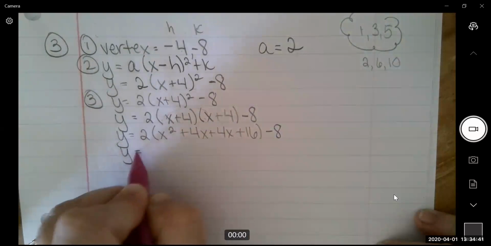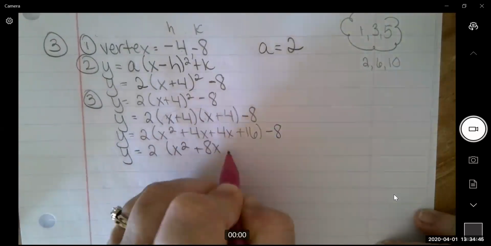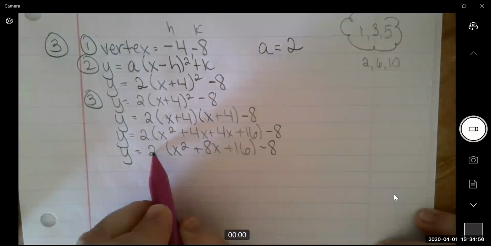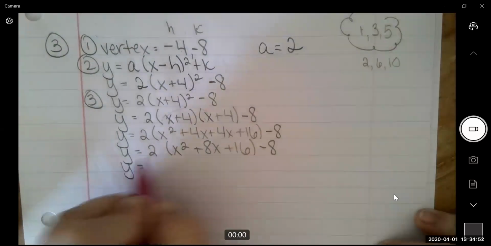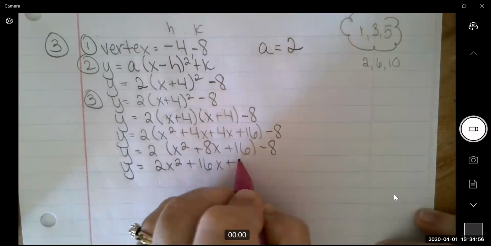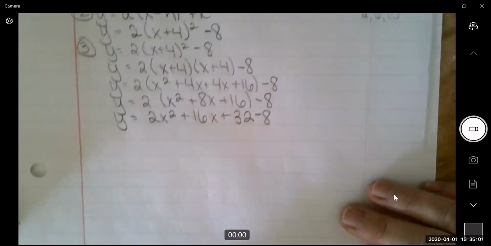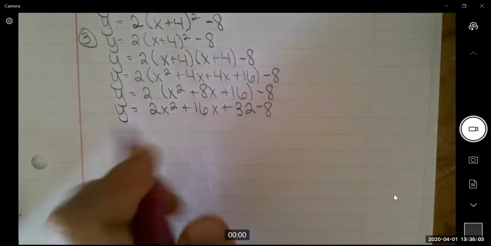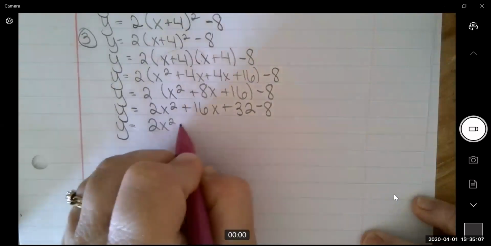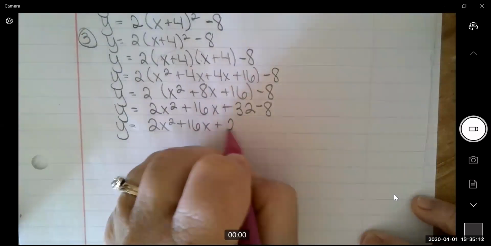Then we'll combine inside the parentheses. And now we're going to distribute this too. So you have 2x squared plus 16x plus 32 minus 8. Then we're going to combine some terms again. So you have 2x squared plus 16x plus 24.